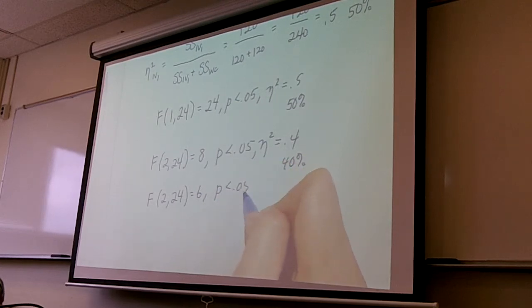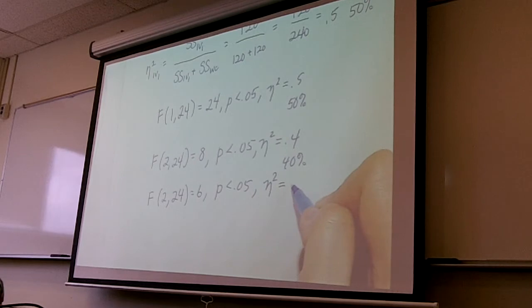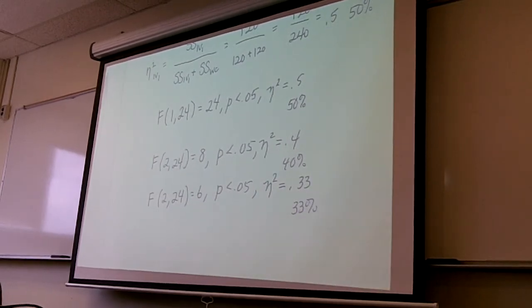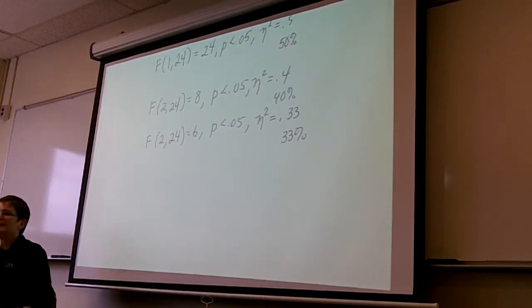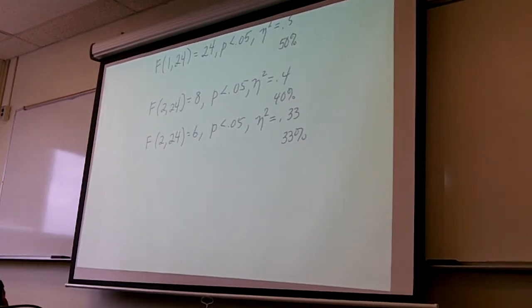P is less than 0.05. Eta squared equals 0.33 or 33%. See, not so bad. You got this.